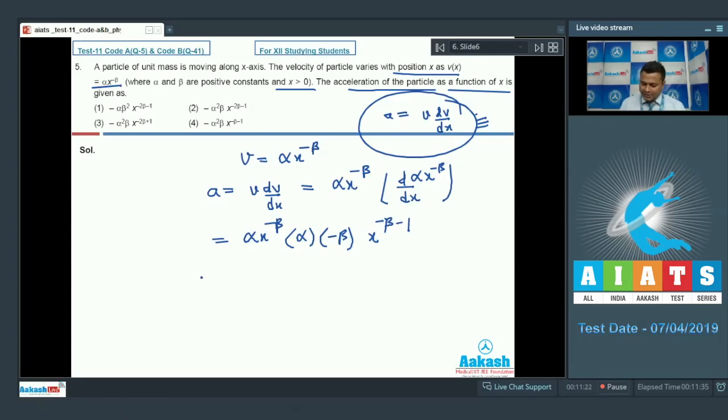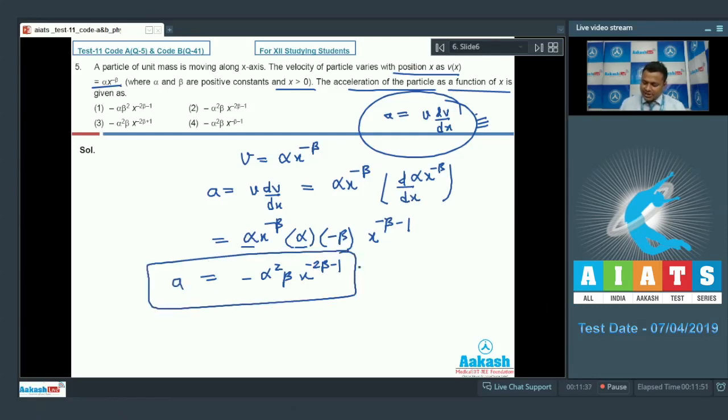Now therefore we will get alpha into alpha, that is alpha square, minus sign into beta multiplied by x to the power minus beta, that is minus 2 beta minus 1. So this is the relation between acceleration and position x. So therefore we can say that option number 2 is perfectly matching with our final result. So option number 2 is absolutely correct. Therefore second option. Now move on to the next, that is question number 6.